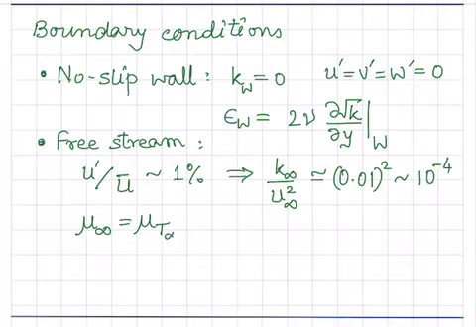We say, what if the eddy viscosity was of the same order as the molecular viscosity. Now eddy viscosity we know is C mu rho k squared by epsilon.